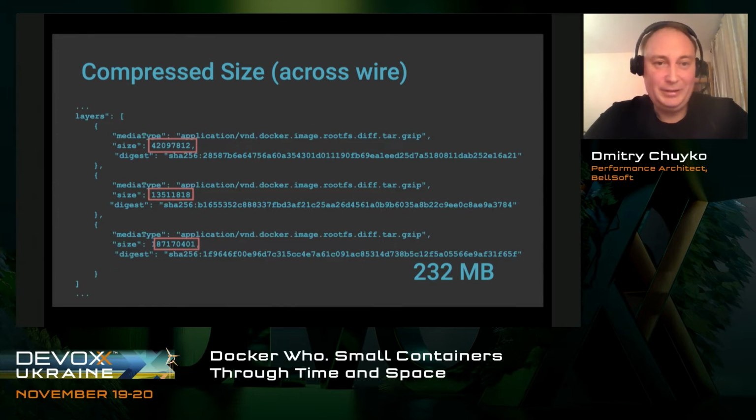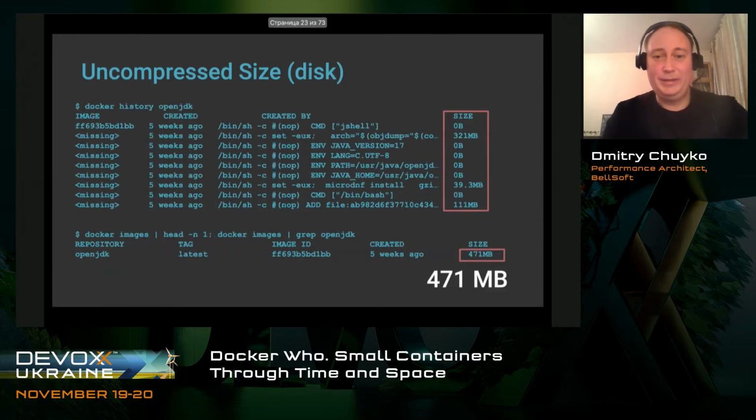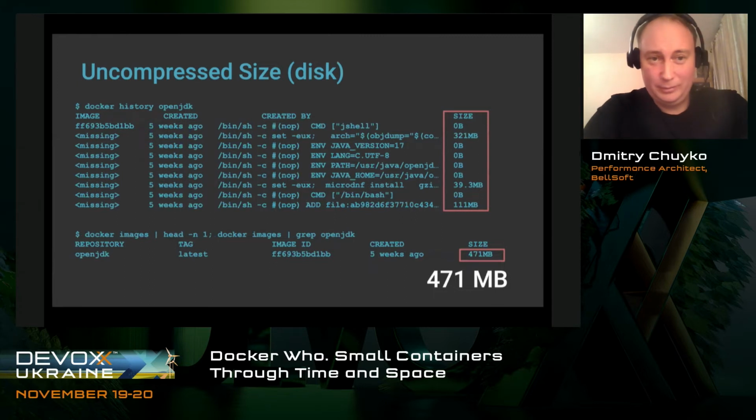transferred. The transfer was like a quarter of a gigabyte, plus or minus depending on version. Sometimes it's like 220, sometimes for the latest 17 it is 232 megabytes. And then uncompressed, it's almost half a gigabyte on disk.